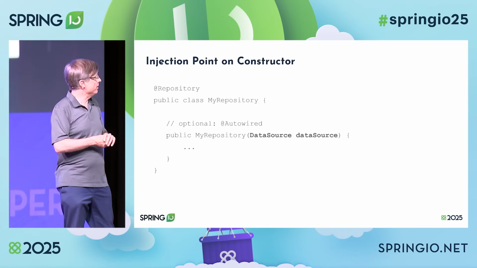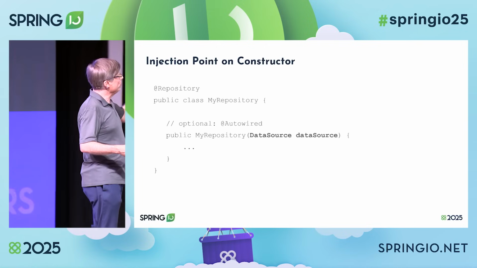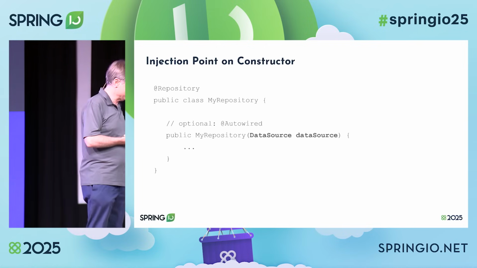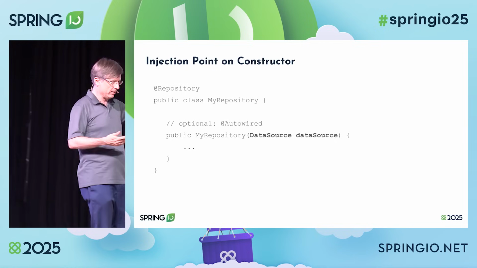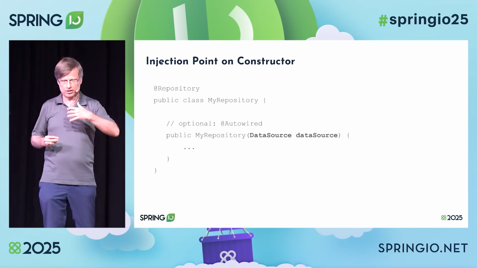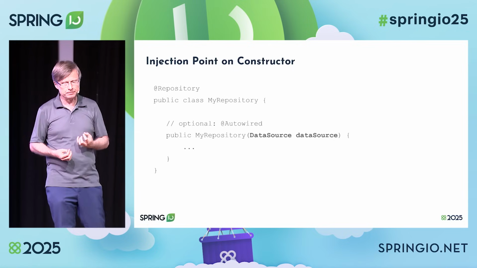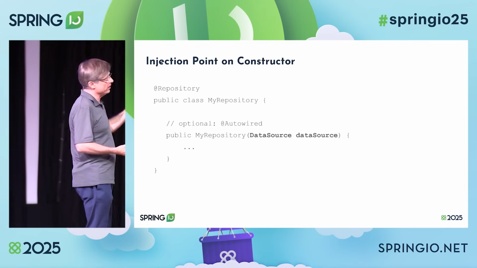A little hint in here: we used to enforce @Autowired for injection points. We thought that adds to the readability, just clarifying that this is an injection point. We actually dropped that for constructors.